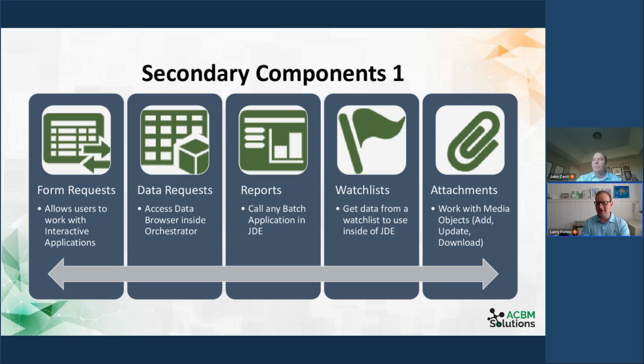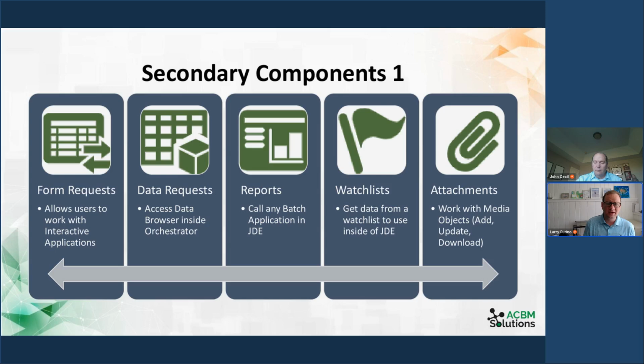So into the secondary components, we have form request, which was one of the original 4 components. On the screen that's up here now, it's the only one of the original 4 components. And actually, technically, it was called service request, and the first service request was a form request. But what the form request allows you to do is work with any interactive application in JDE. So like I said before, this is the thing that separates the Orchestrator from other tools that exist out there.